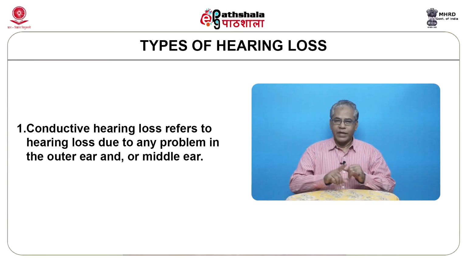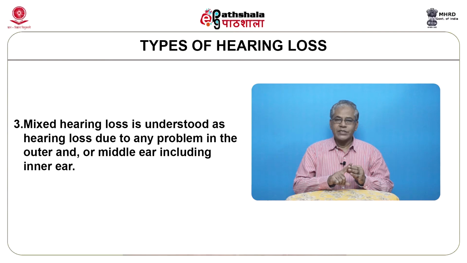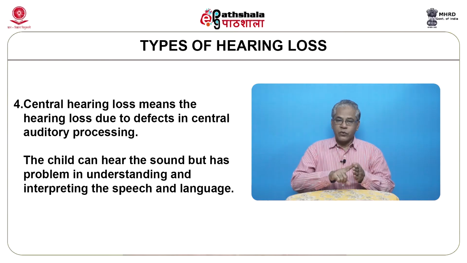Let me outline the types of hearing loss. 1. Conductive hearing loss refers to hearing loss due to any problem in the outer ear and or middle ear. 2. Sensory neural hearing loss means hearing loss due to any problem in the inner ear and or auditory nerve. 3. Mixed hearing loss is understood as hearing loss due to any problem in the outer and or middle ear including inner ear. 4.